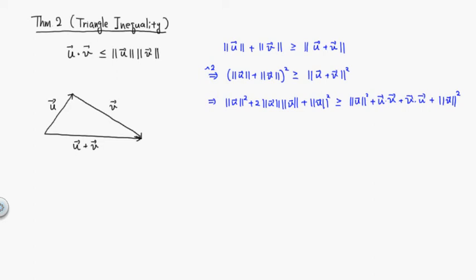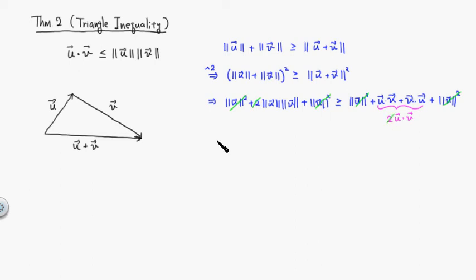Then you can see that we can cancel the norm of u squared, which is on both sides. The norm of vector v squared is on both sides. And since the dot product is commutative, this guy right here is the same thing as 2 times u dot v. So then you can cancel the 2 here and the 2 there.